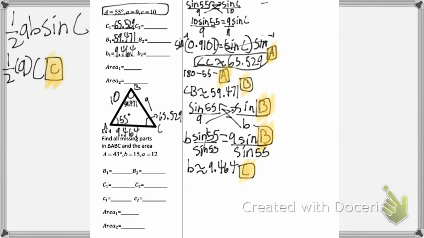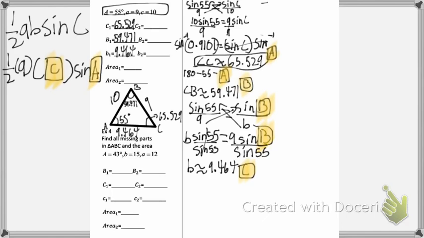Here. And then sine C, and angle C equals letter A. So you can put A here and highlight that.